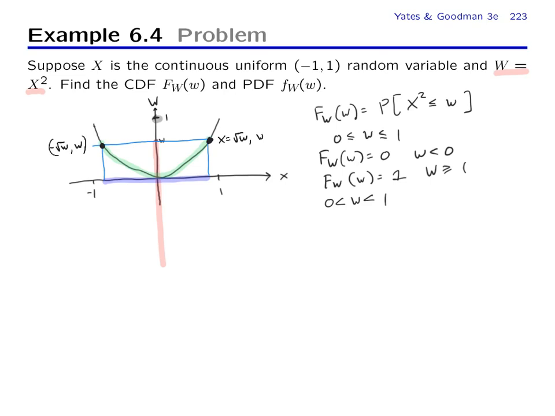Translating that down here, x is square root of w at this far right extreme, and at this far left extreme, x is minus square root of w.